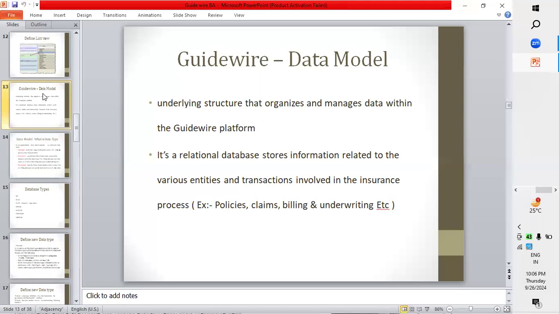Data models majorly deal with data, to streamline and organize it within the Guidewire platform.